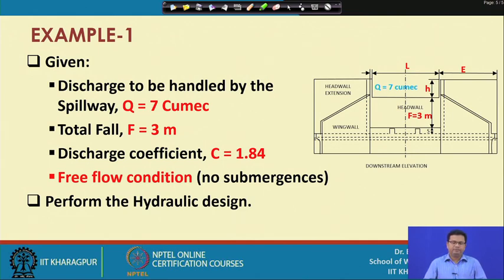Before going for design, our first approach is that we have to select the value of L and h such that it will meet the criteria of Q equal to C L h to the power 3 by 2 divided by 1.1 plus 0.03F, which accounts for the freeboard also.